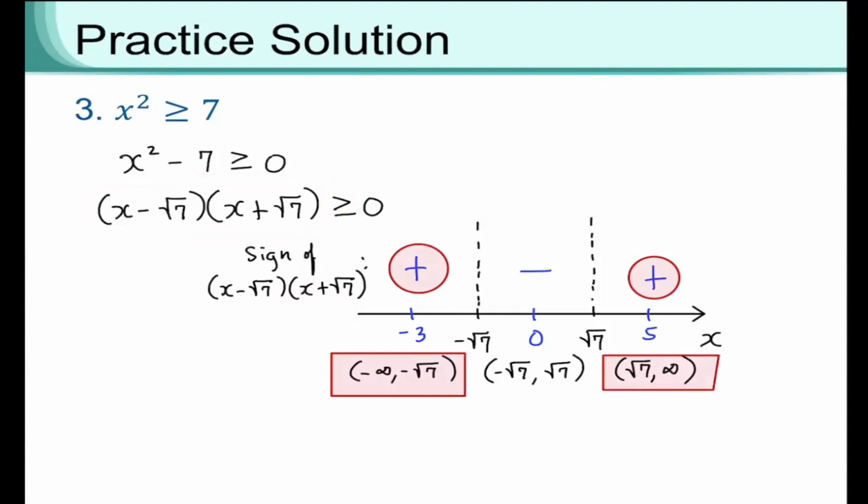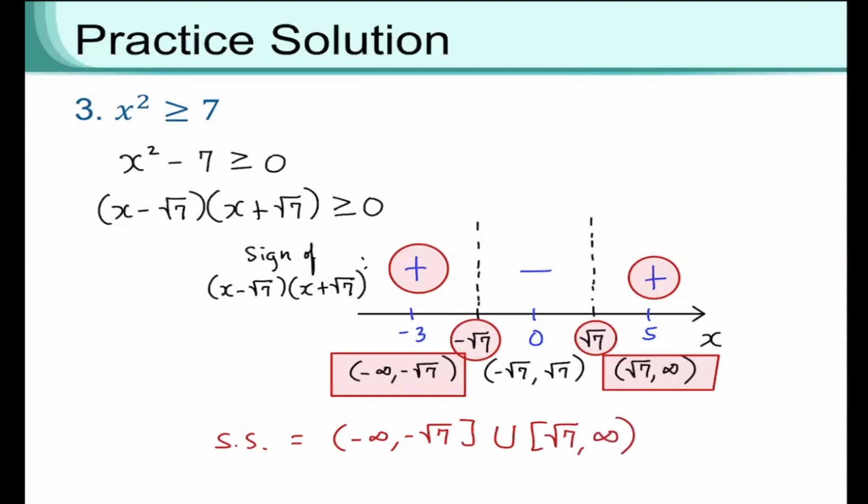Or this product is equal to 0, when x is equal to negative square root of 7 and positive square root of 7. So therefore, the solution set is negative infinity to negative square root of 7 union square root of 7 to infinity.